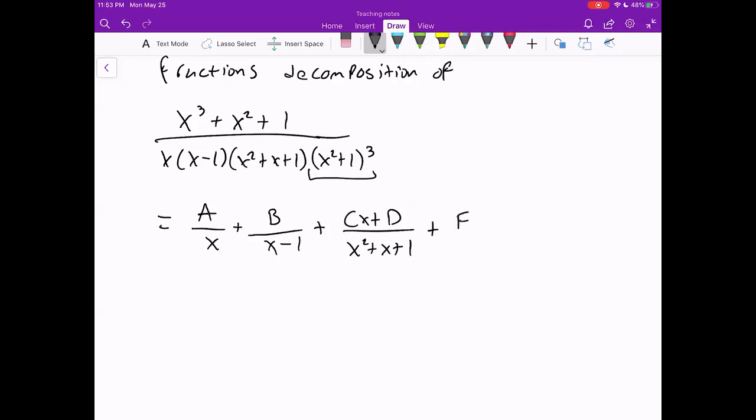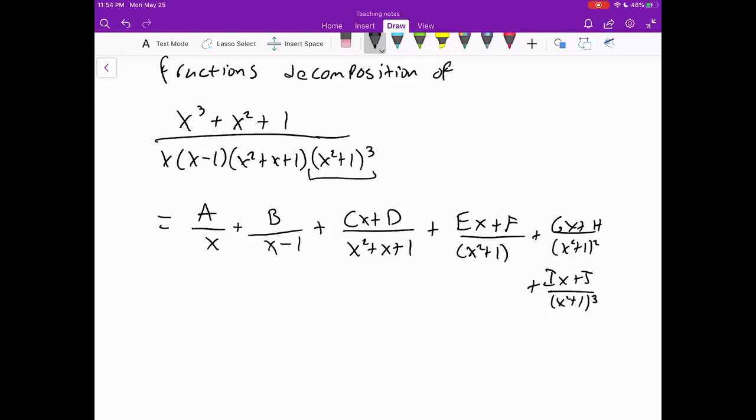So I have Ex plus F over x squared plus 1, plus Gx plus H over x squared plus 1 squared. And one more, Ix plus J over x squared plus 1 cubed.